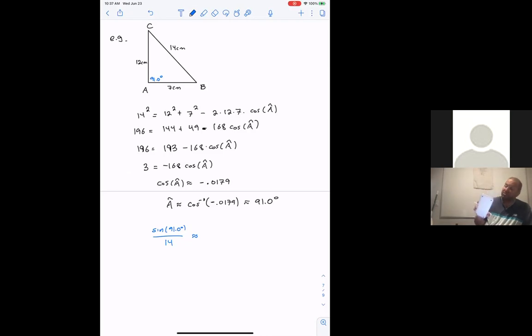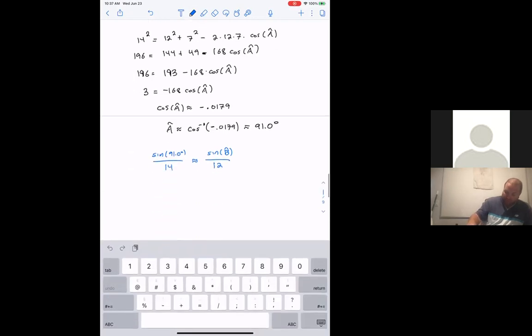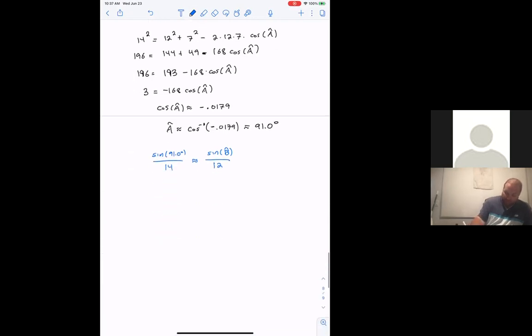My calculator actually says 91.0231933. So it's an approximation, is approximately sine of B over 12. So sine of my answer times 12 divided by 14 gives me that sine of B hat is approximately 0.857.